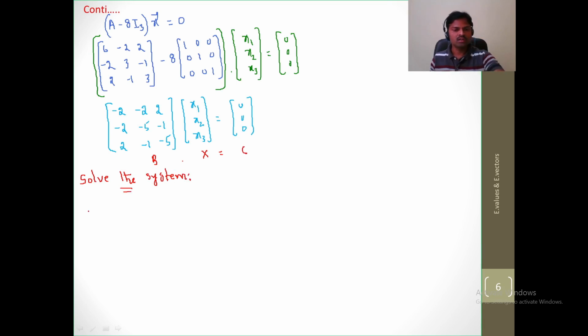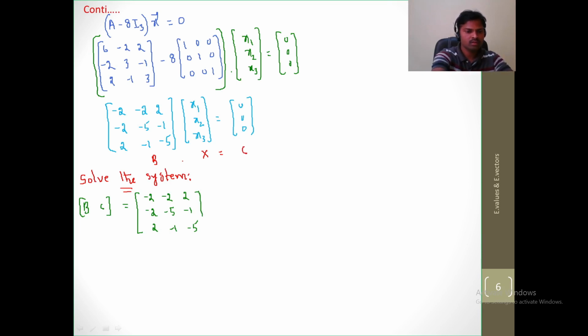Now let us construct the augmented matrix B, C: matrix B is minus 2, 2, and minus 2; minus 5, minus 1; and 2, minus 1, minus 5, and one more last column, 0, 0, and 0. This is the augmented matrix.